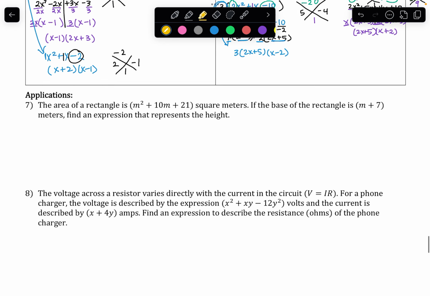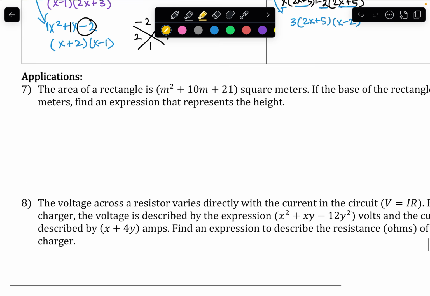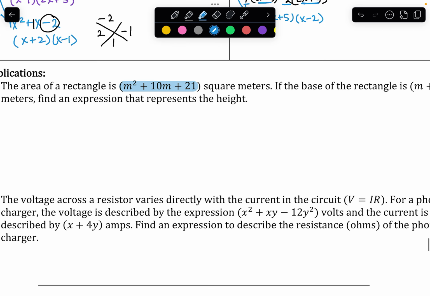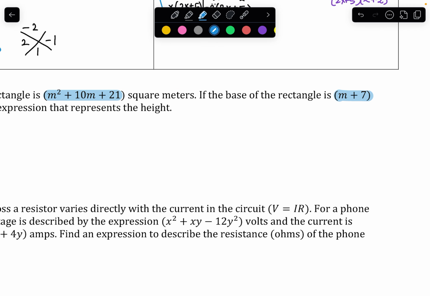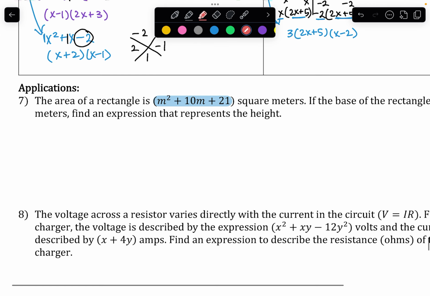Okay, the last problems we're going to do are the application problem. And so it says the area of a rectangle is represented by this trinomial. If the base is m plus 7, find an expression that represents the height.